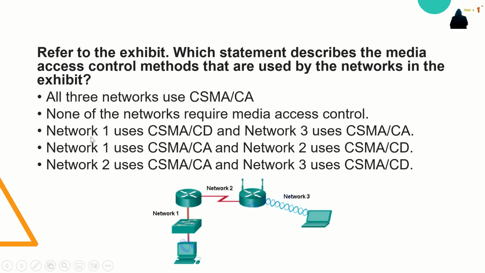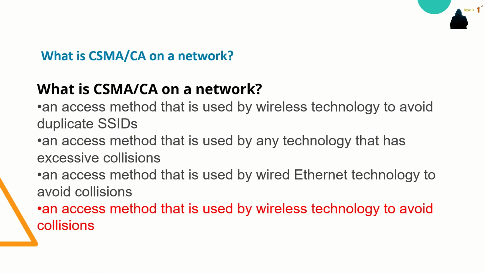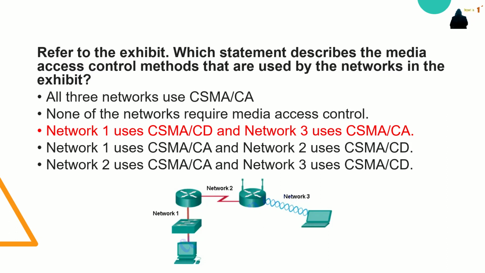As you can remember, for network 1, because you use an Ethernet cable, we use CSMA/CD, and wireless should use CSMA/CA. Okay, it's true. And network 2 doesn't use CSMA/CD or CSMA/CA.